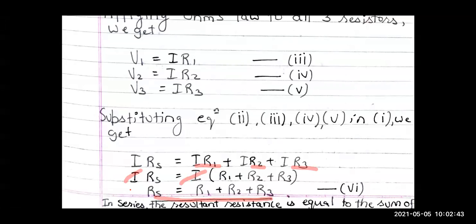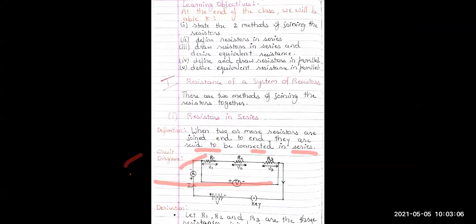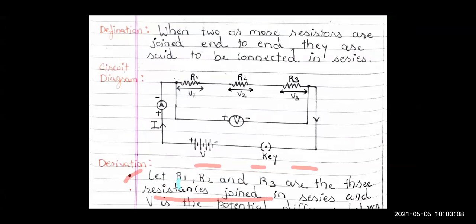So children, when you are connecting resistors in series, the total resistance is simply the sum of all the resistances which you have connected in series. Okay, let's take an example. Let's take a short numerical for this, and this is your circuit diagram.